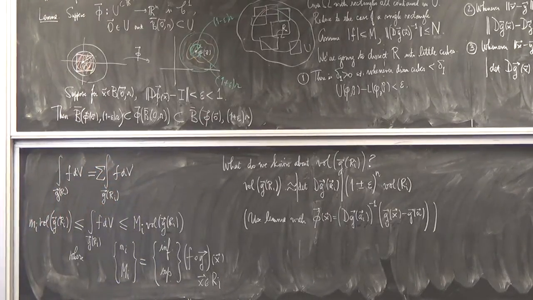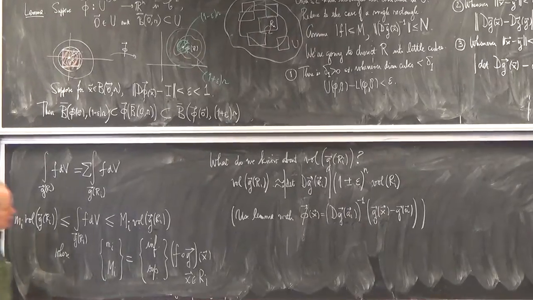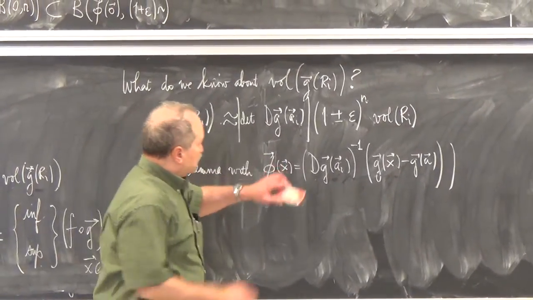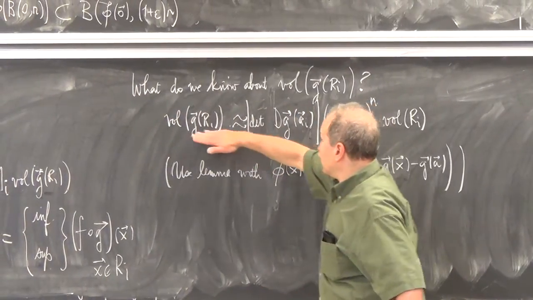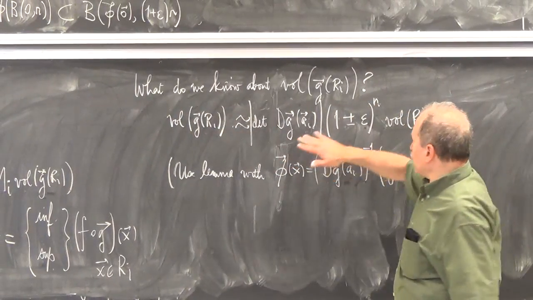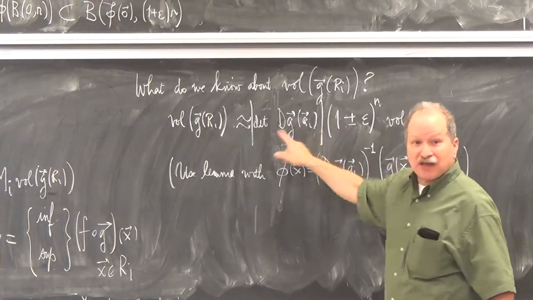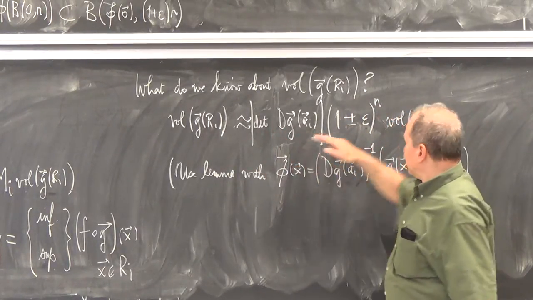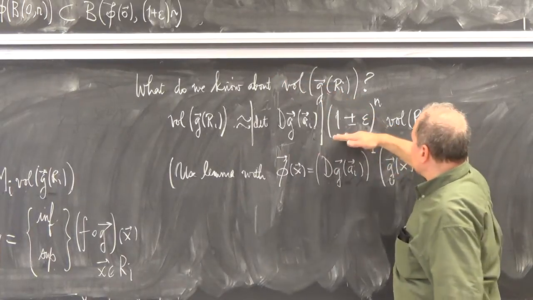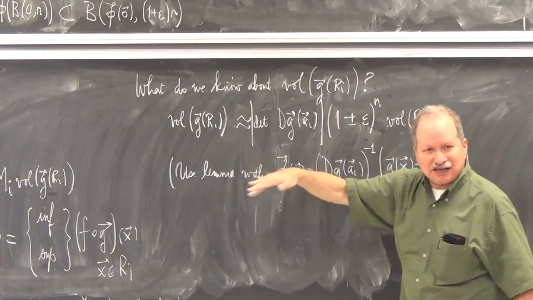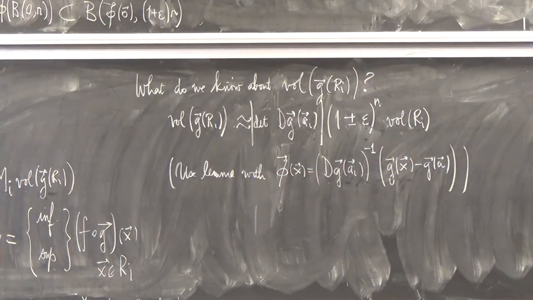So the volume of g of R_i was not equal to just the determinant of D. Roughly speaking, if it were just a linear map, it would be the volume of your original region multiplied by the absolute value of the determinant of the derivative. But that lemma means I have to fudge and allow it to be inside a slightly bigger one and contain a slightly smaller one.